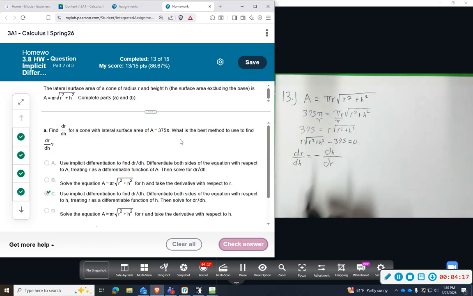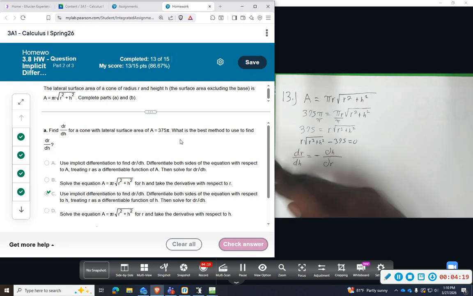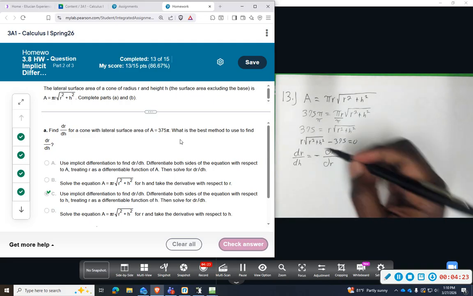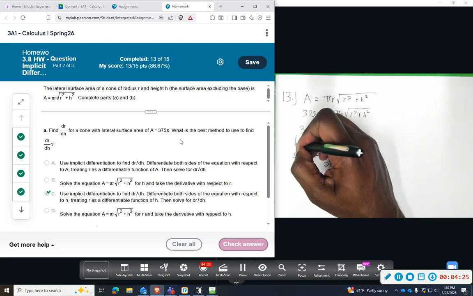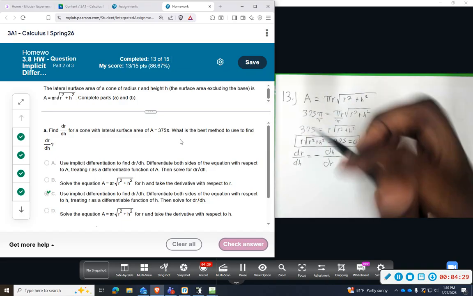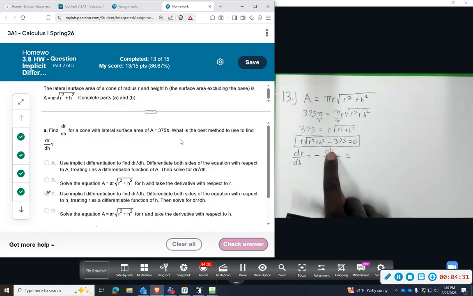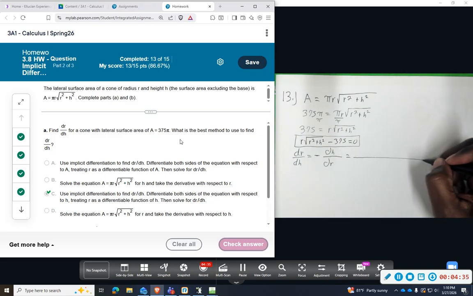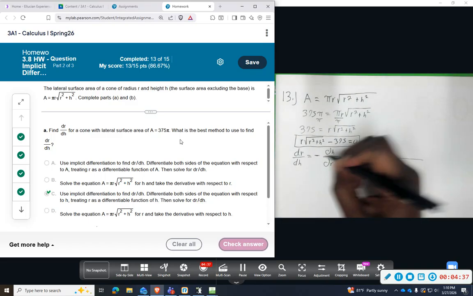So this is the formula. Whatever they give you, it's just flipped and you do the partial derivative. Doing the partial with respect to h means I'm going to treat r as a constant, and put that negative out front.